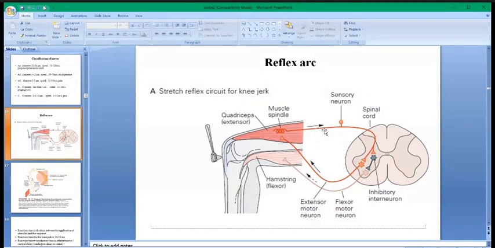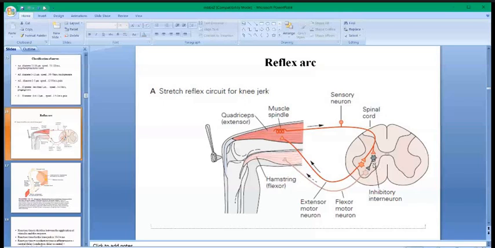Here, when the sensation is coming, one branch is there, that is called collateral. This collateral or branch is connecting the inhibitory interneurons shown in a grayish blue color, and then from here another motor neuron, this one is the inhibitory motor neuron.